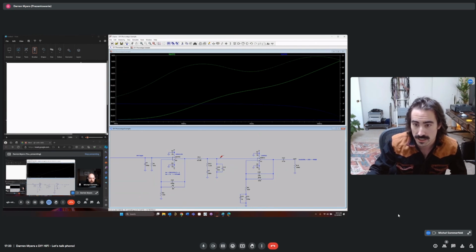The output is this flat, and then the input is this inverse RIAA curve here. And what we see is that we're knocking all this down.